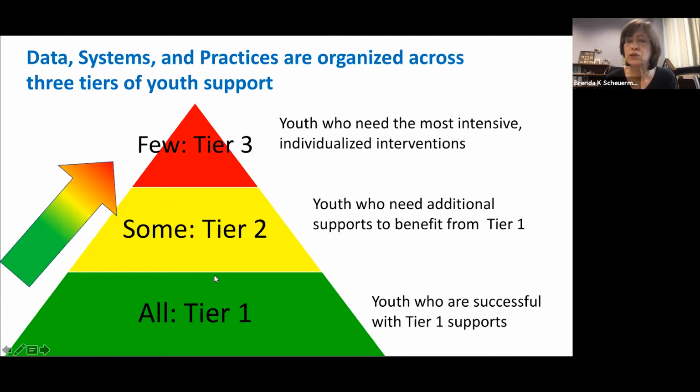But if we do a really good job implementing Tier 1 and possibly Tier 2 with fidelity, fewer youth will actually need Tier 3. So the same concept of tiered supports applies, and it's well worth the time and effort to focus on systems level first.